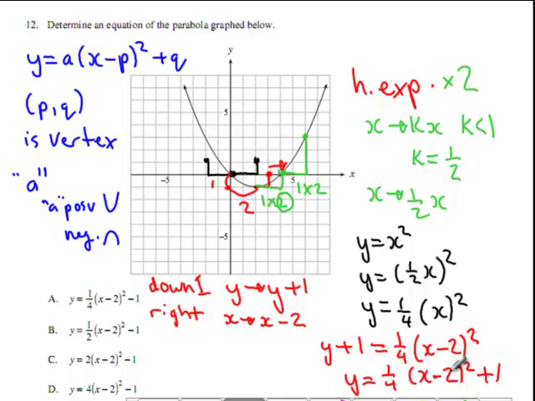There you can see our vertex, which is at (2, 1), or (p, q), a vertex at (2, 1). Let's get rid of all that. And there's our horizontal expansion factor. In this case, we're treating it as a horizontal expansion factor of 2. And that makes our correct answer right there.